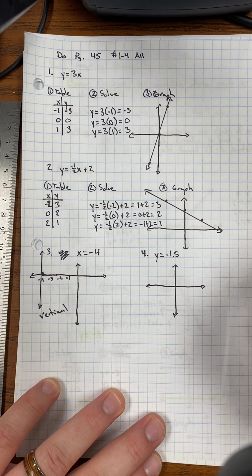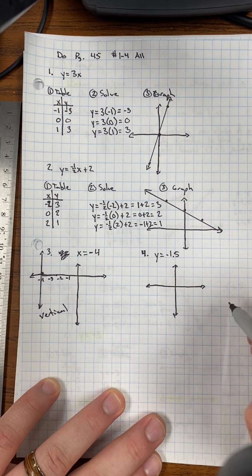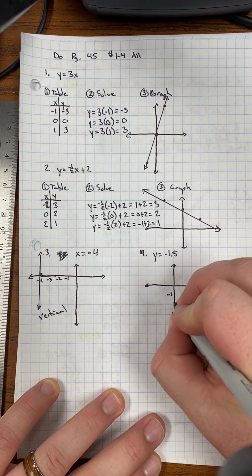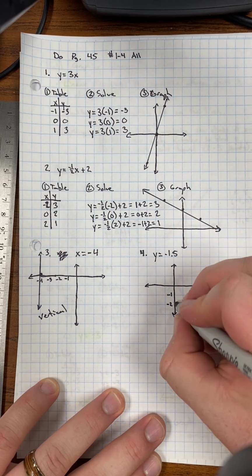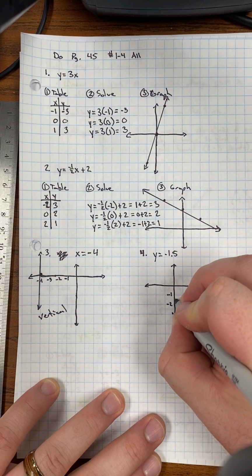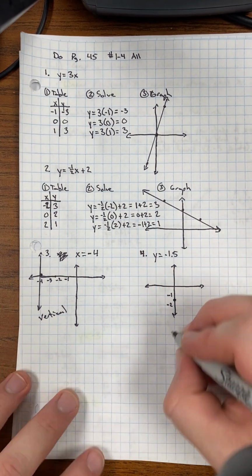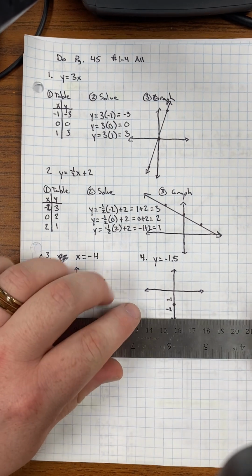Okay, and then the next one is the opposite. This one was a horizontal line, so it's going to be a line that's going from left to right. Let's go ahead and label our y values to see where this should land. This is going to land between -1 and -2. That's where -1.5 lives, right? Notice that we're on the y-axis. This is the y value that we're checking right now, because y equals.